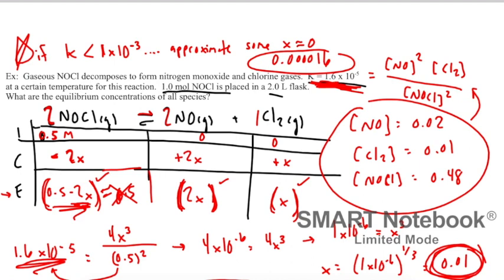So you can only approximate like that when your k value is small, and you can only approximate the change away from the thing that is present in largest quantities. I did not approximate away this x. 0 plus 2x is still significant here. 0.5 minus 2x, that 2x was not significant, so that's why I rounded that to become 0.5.